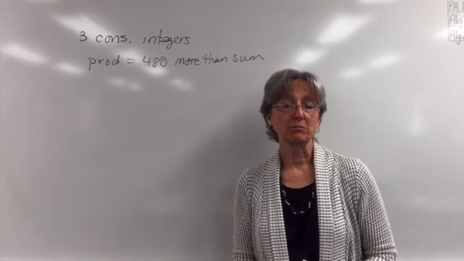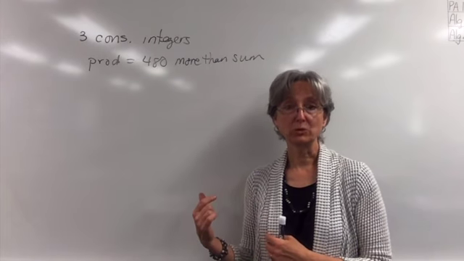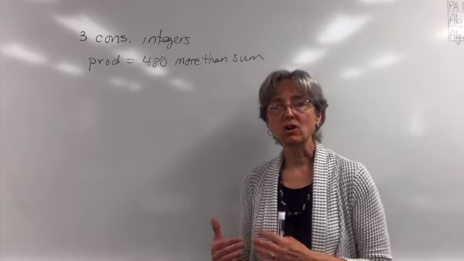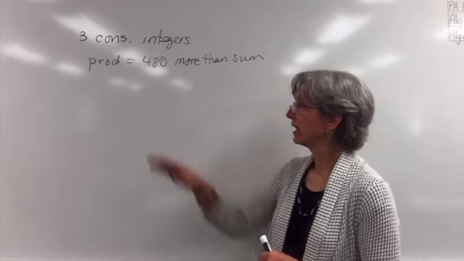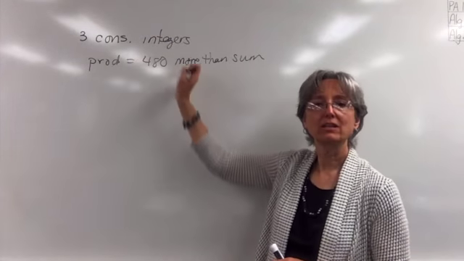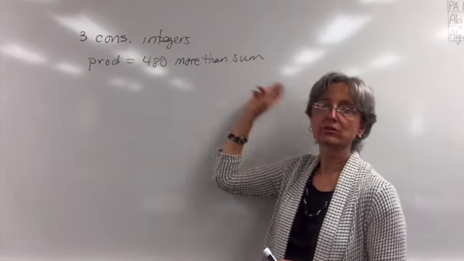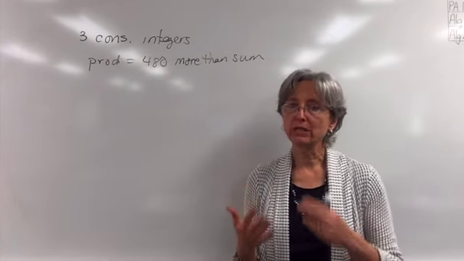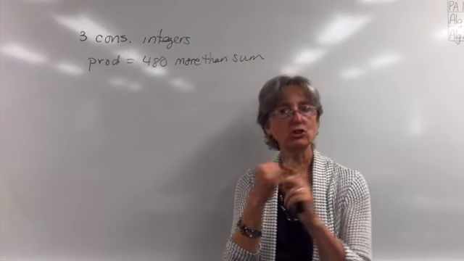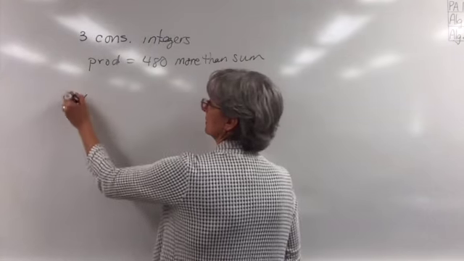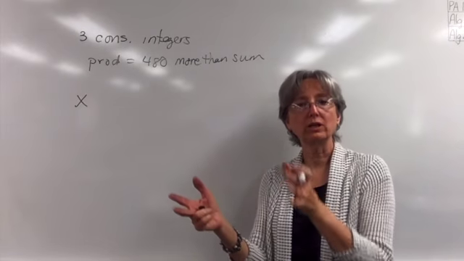Here's another example of a problem you could set up a similar way. We're not going to solve it, but I'm going to show you how to set it up. What are 3 consecutive integers whose product is 480 more than their sum? To get 3 consecutive integers, my first integer I'll just call x. Consecutive means what would come next?